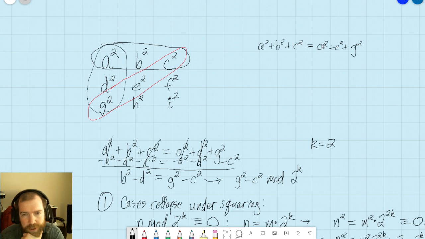So those are going to eliminate, and then we get b squared minus g squared equals e squared minus a squared. Right, it doesn't particularly matter what order we put these in. We could swap e to this side and do the exact same stuff. So it doesn't particularly matter.